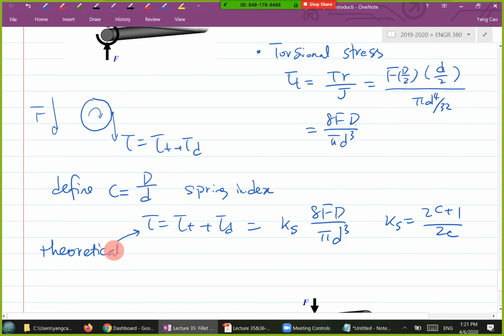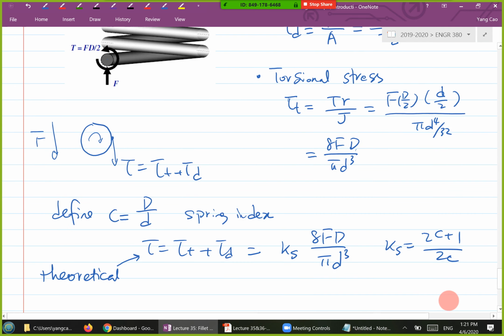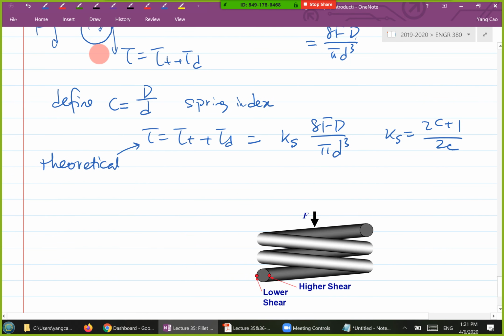However, experiment shows that the theoretical calculation considers a straight bar when you consider the shear stress due to this tau. Straight circular bar is fine, but a spring is not straight. A spring is actually curved, in helical curves.